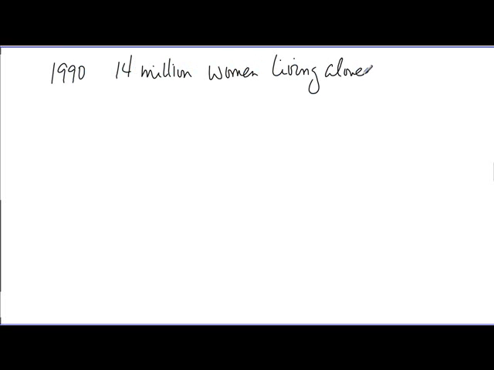Alright, here's another problem, very similar to this. In 1990, there are 14 million women that live alone. In 2005, there are 17.2 million women living alone.